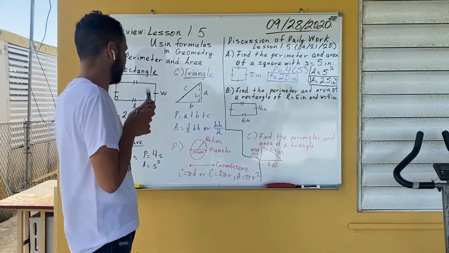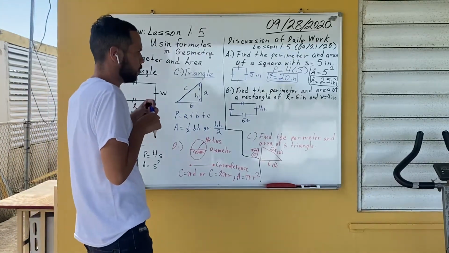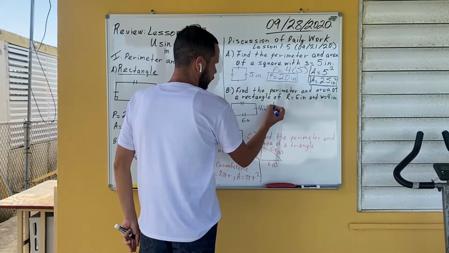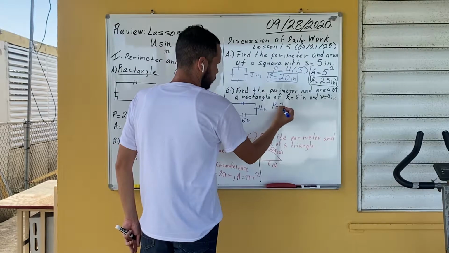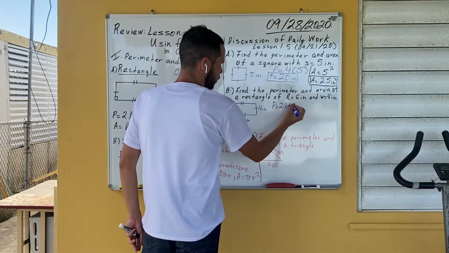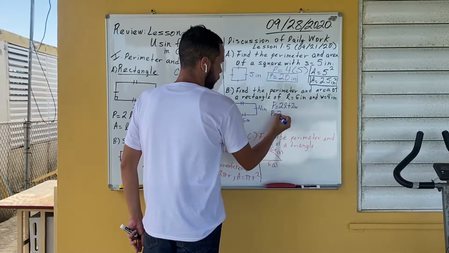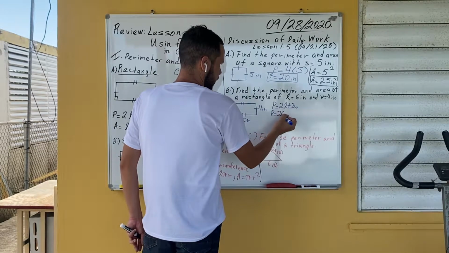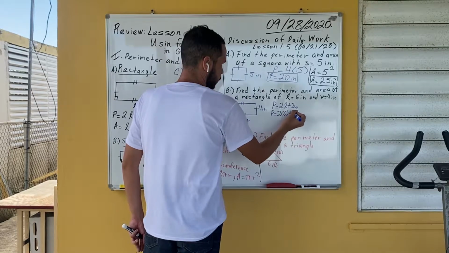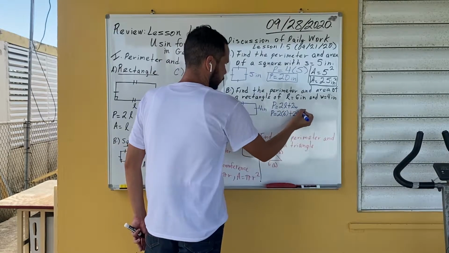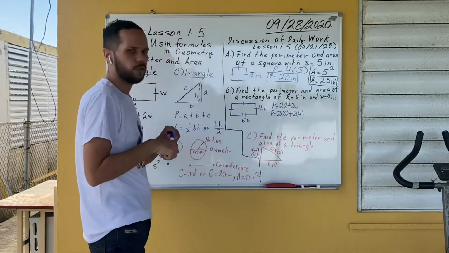Okay, so basically this is what it's going to look like. I got the formula: 2 times the length plus 2 times the width. I'm gonna substitute everything in the formula. So it's 2 times 6 plus 2 times 4. Okay. So I'm gonna multiply that.